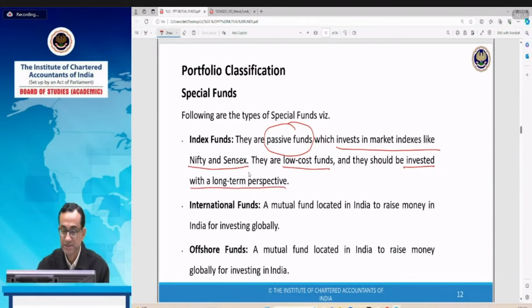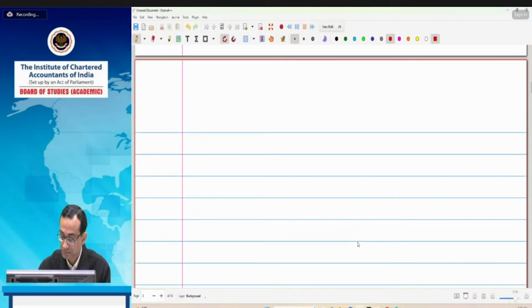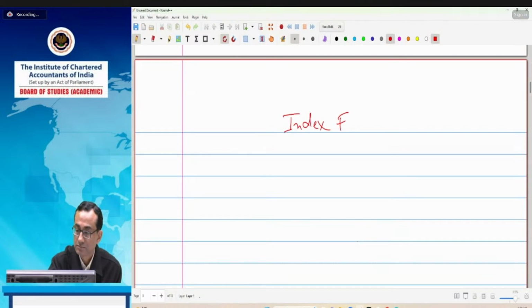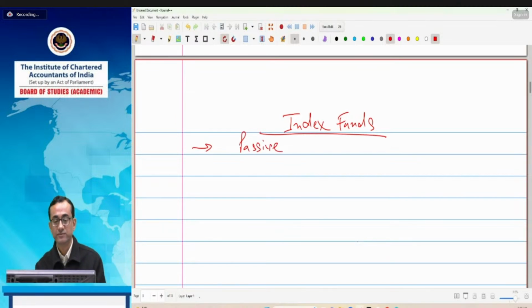Let us understand these points. Index funds are basically passive. Why is this called passive?